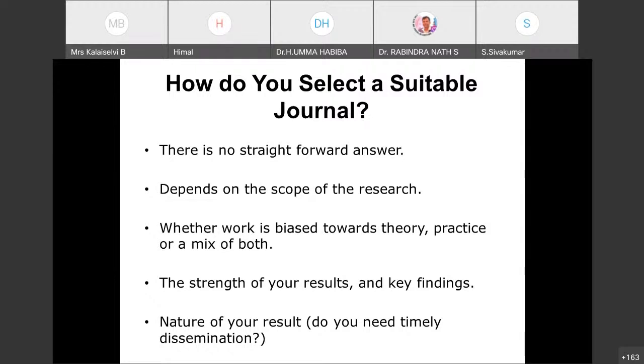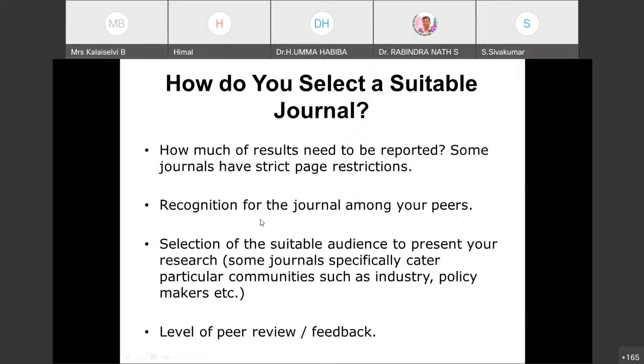And also the nature of your result, whether you want to disseminate your knowledge fairly quickly about your discovery, or whether you want to keep it for a while and then make it comprehensive and then try to disseminate among others and so on. So there are different kinds of aspects that you need to think about before you select a suitable journal for your publication.